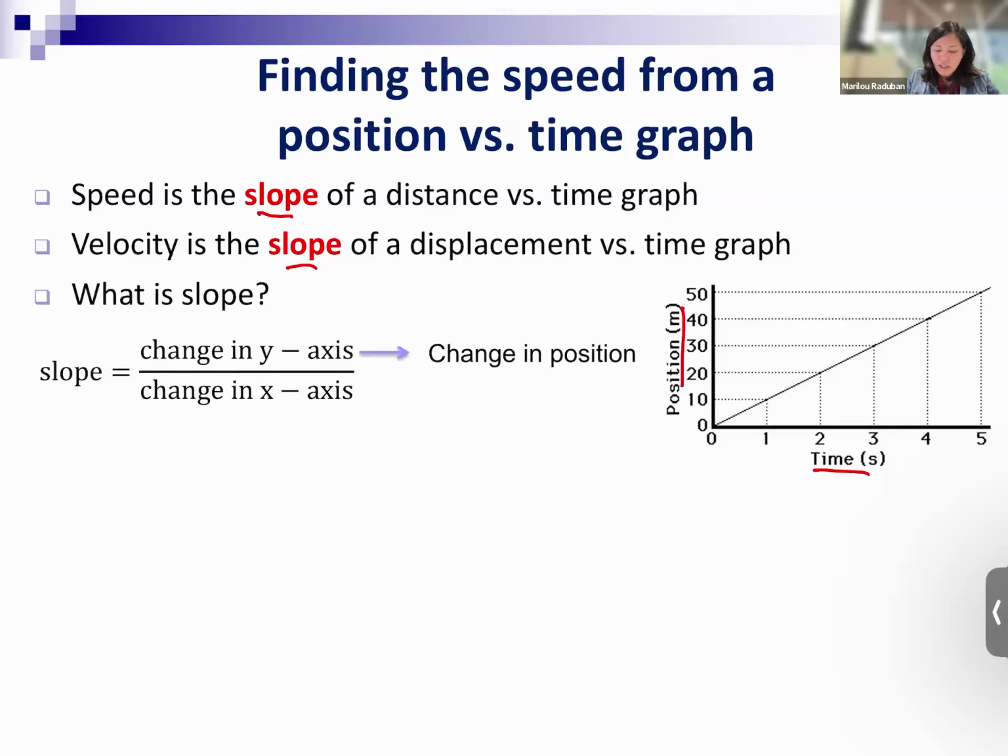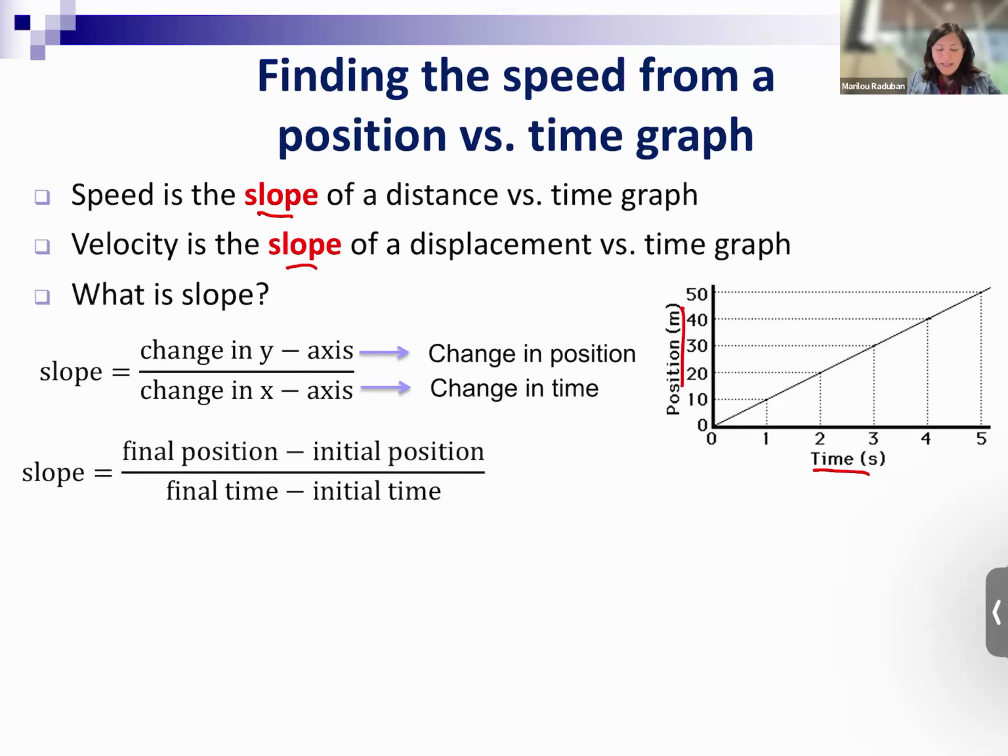If we look at the y-axis, it is position. So that means when we get the slope, we're looking at the change in position. And the x-axis is time. So when we get the change in the x-axis, it's equivalent to getting the change in time, or the time interval. And hence the slope is calculated as the final minus initial position over the time interval.